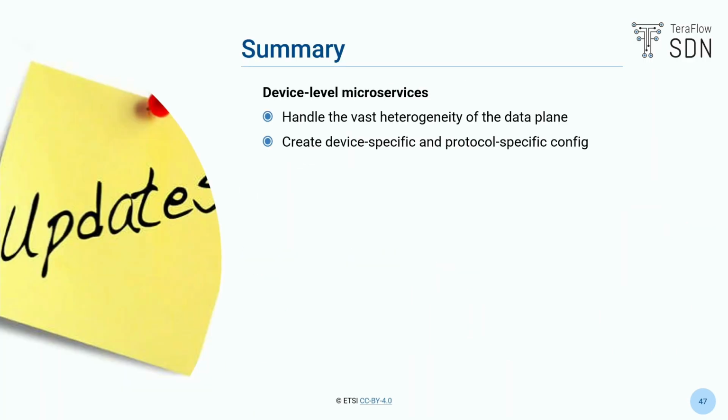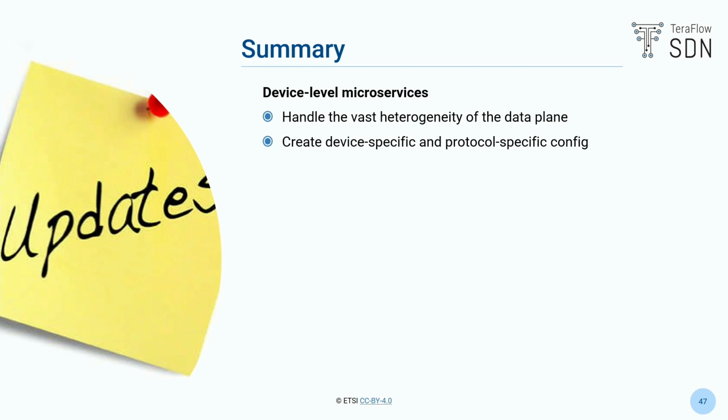So at the device level, we have seen the ability of TerraFlow to handle, or to accommodate different types of devices. We spoke about this before, but we support more types of devices here. So there is a heterogeneous data plane that we need to cover. And we need to be able to create device-specific and protocol-specific configuration for all these types of devices.